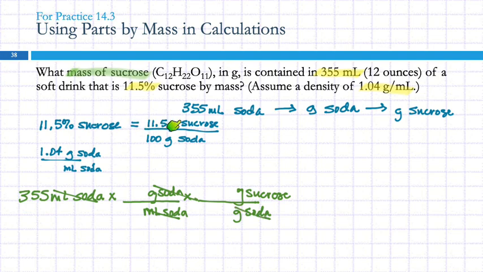So 11.5 grams of sucrose per 100 grams of soda. So that's over here. Again, just keep the number with the same unit it had before. And then grams and milliliters, that's my density.